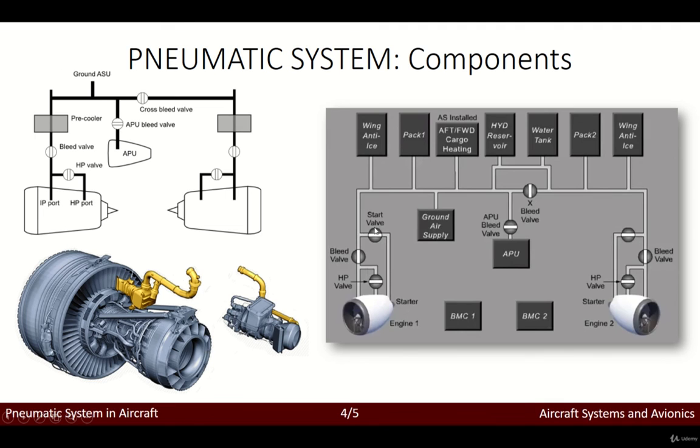As I mentioned before, the pre-cooler uses cold air from the engine to cool the bleed air. And the APU bleed air has priority over the engine bleed air. The engine bleed valves will therefore remain closed whenever the APU bleed valve is on.